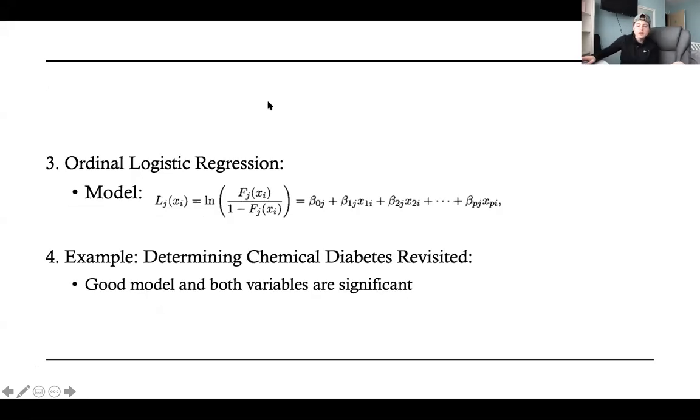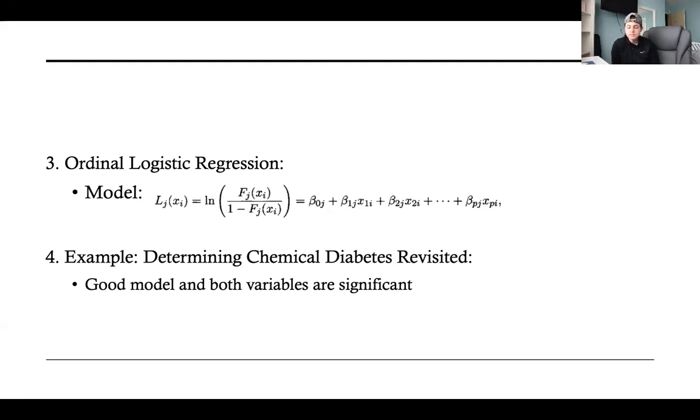Our proportional odds model is going to be represented by L sub j with an input of x sub i, and that is going to be equal to beta sub 0j plus beta sub 1j times x sub 1i plus beta sub 2j times x sub 2i, all the way up to our arbitrary beta sub pj times x sub pi. The number of parameters estimated to describe the data is fewer in ordinal than in the nominal model.